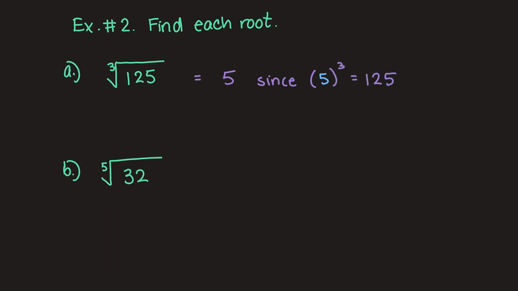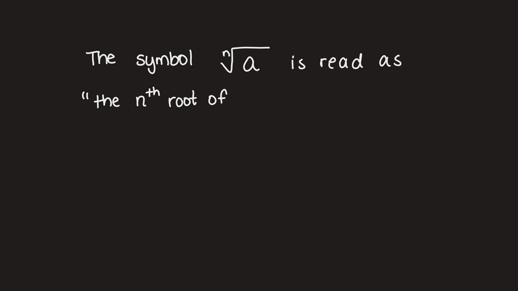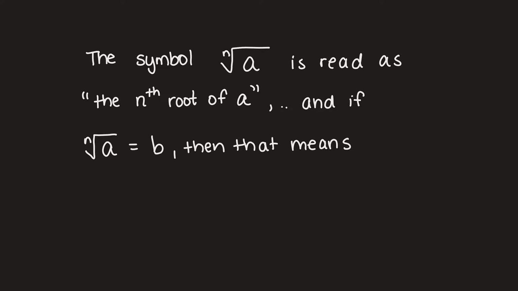And for the next example, in order to find the fifth root of 32, we need to figure out which number raised to the fifth power will give us the radicand of 32. And that number is just 2. Therefore, the fifth root of 32 is 2. So let's generalize this. This symbol is read as the nth root of a, and if the nth root of a is equal to b, then that means that b to the n power is equal to the radicand a.